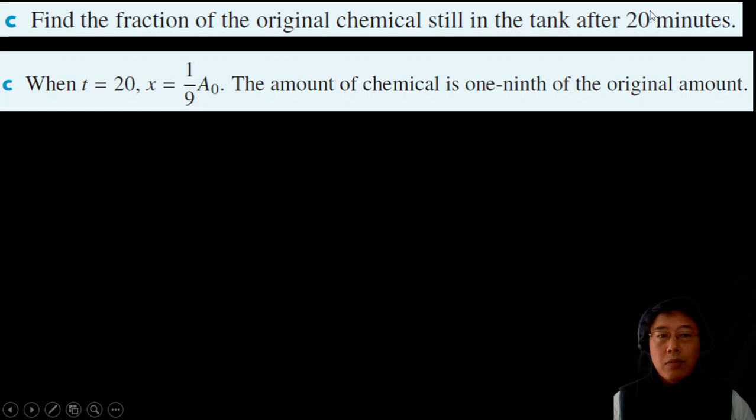So it will be an expression in terms of A0, which is what we set as the original amount, but the way it's asking you, it's a fraction, so you substitute t equals 20, you get x equals A0 over 9, and the fraction is x over A0, so that cancels out, that gives you 1 over 9, so the amount of chemicals is 1/9 of the original amount. And that's the way you word it for that part C.